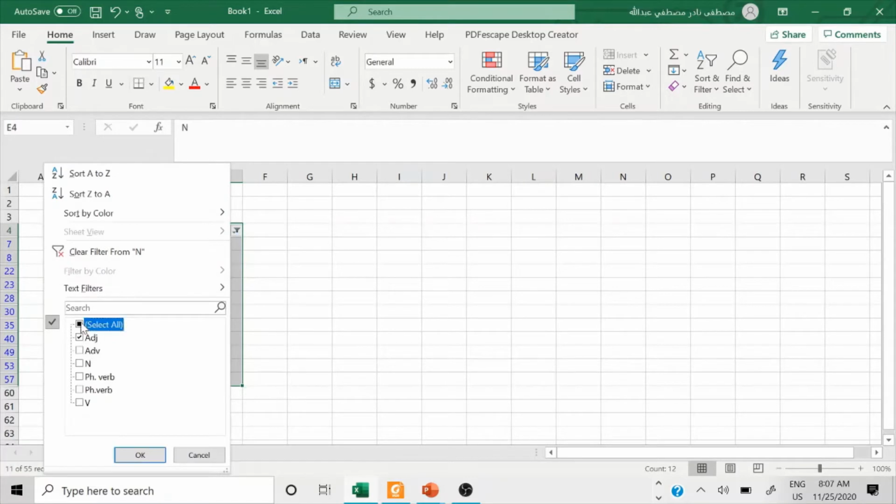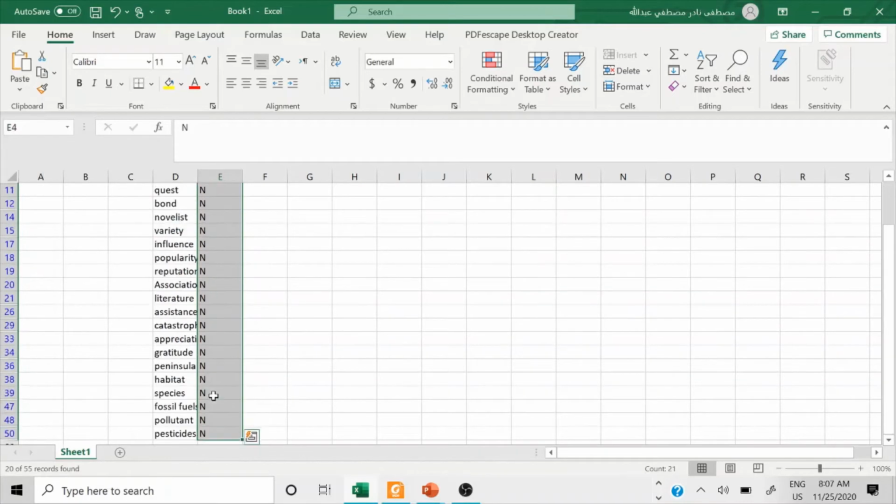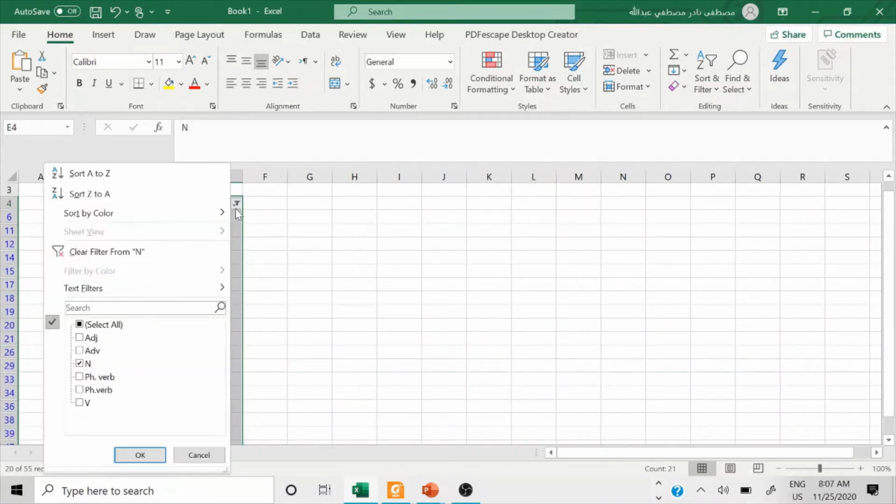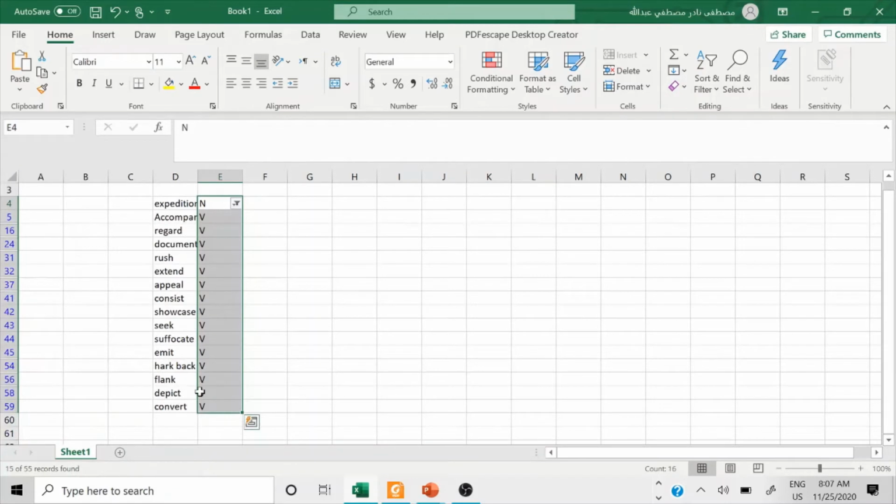We select all the nouns, or all the verbs. So it's a matter of filtering. So now it's very easy for any teacher to start writing his vocabulary test.